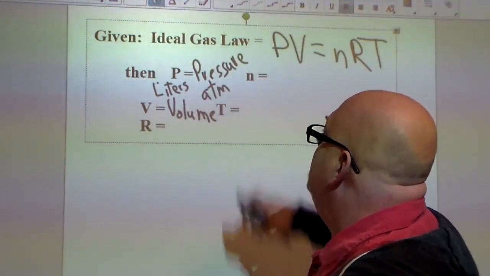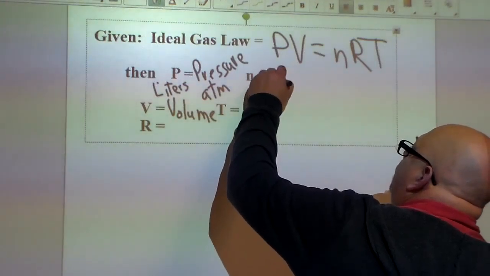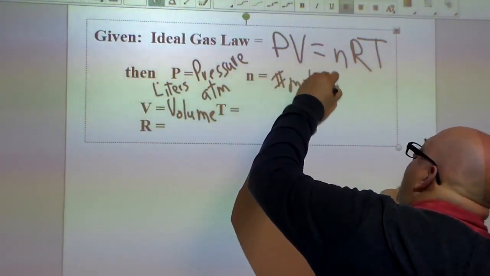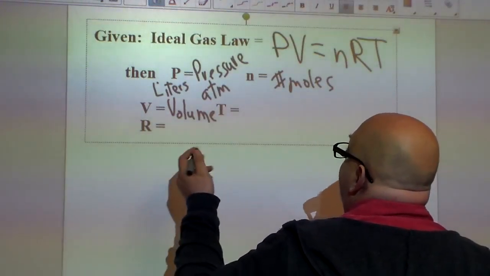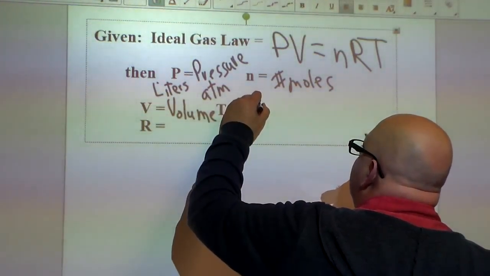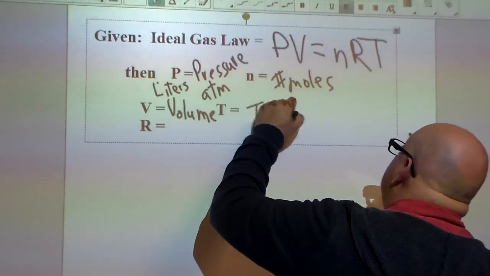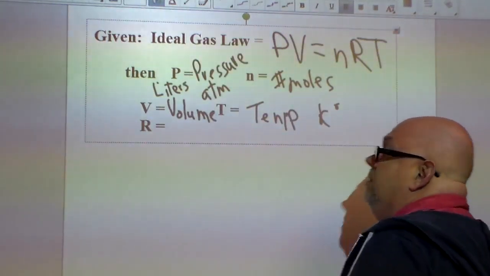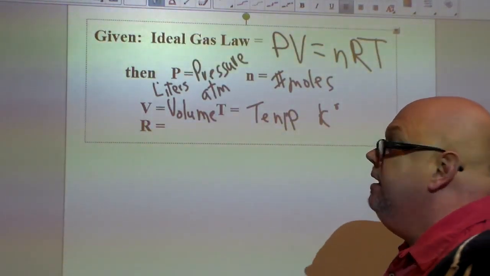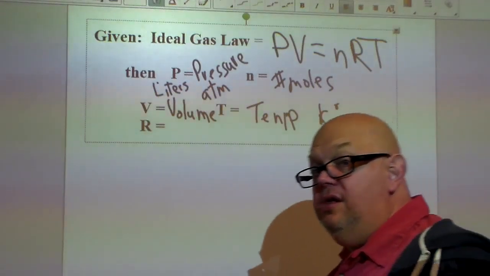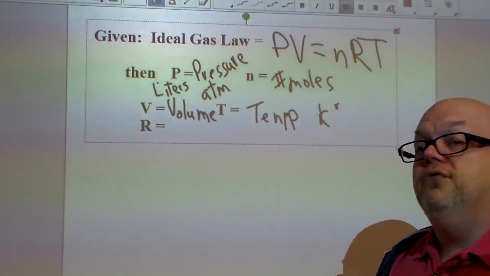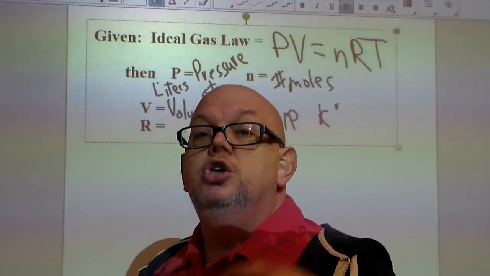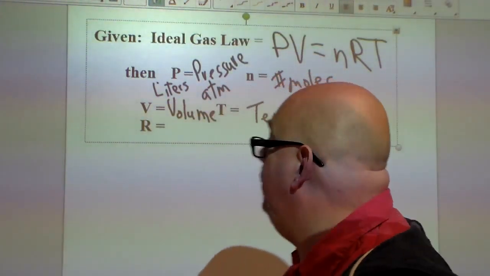N is equal to the number of moles of gas that you have inside your container. T is our temperature, and our temperature is going to be in Kelvin. Remember, to change from Celsius to Kelvin, you add 273. To go from Kelvin to Celsius, you subtract 273.